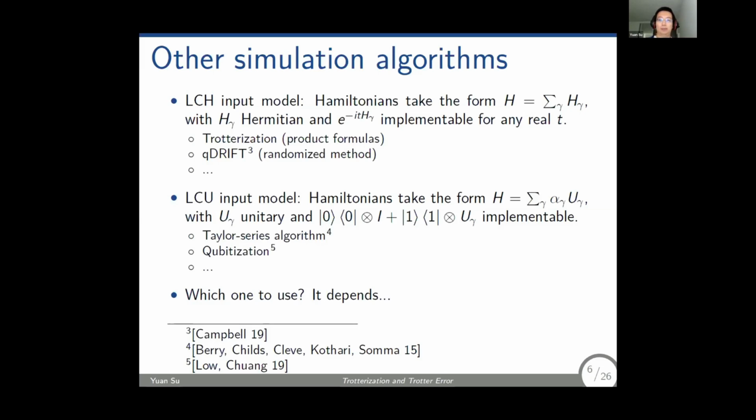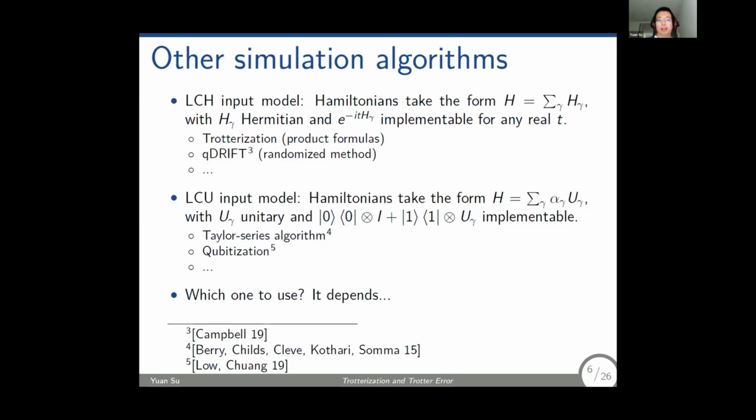So I guess the question to ask would be, which one should I use if we want to simulate some Hamiltonian? Well, unfortunately, I don't have a universal answer. It's a very difficult question, even for people working in this area. Well, certainly I can't provide you with a complete answer within this 40 minute talk.